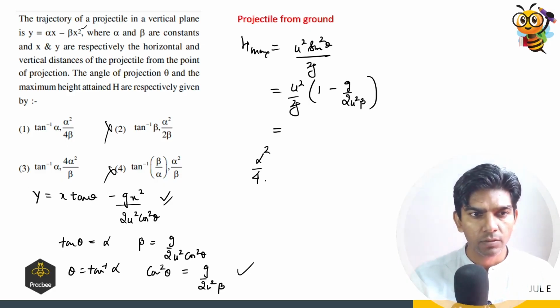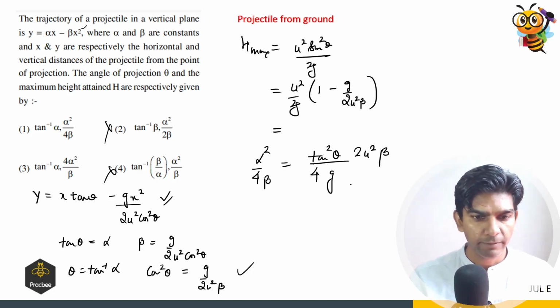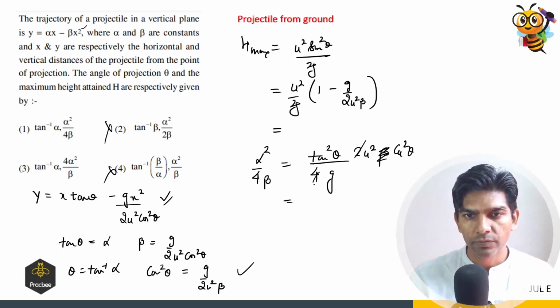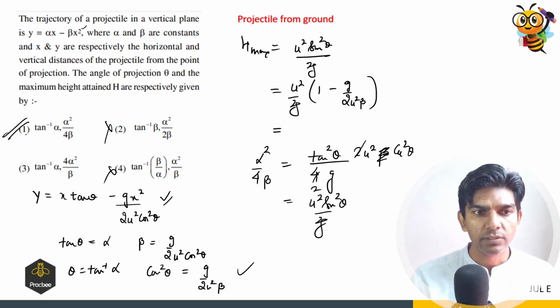Alpha square by 4 beta will be tan square theta divided by 4 beta, which will be g by 2u square, and then we have cos square theta. So this will give us 2. So it will be u square sine square theta by 2g, right? So it means option 1 is the right answer.